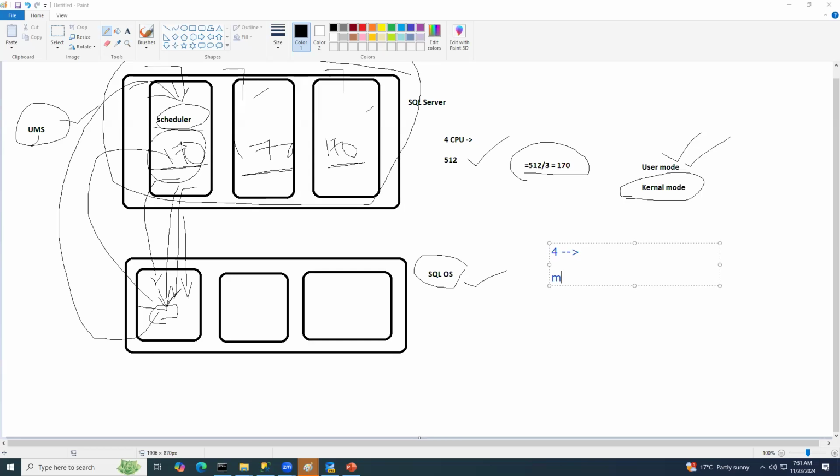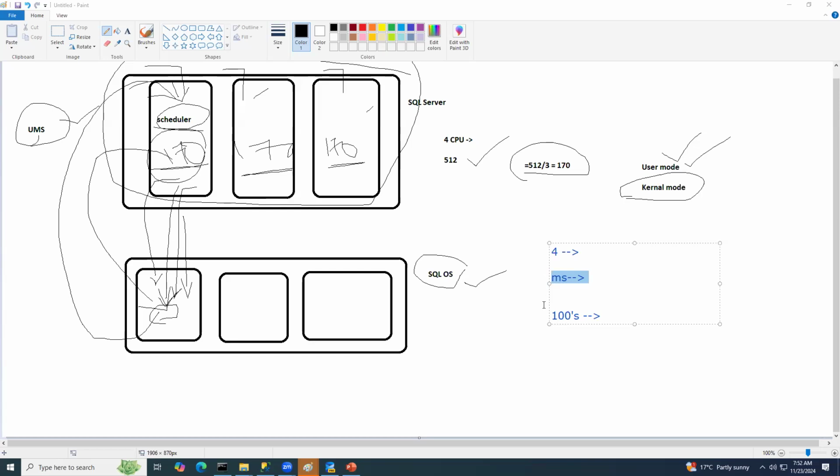Let's say the queries are completed within milliseconds, right? Even if they complete within a millisecond, since you have a huge workload, hundreds of queries are executing.